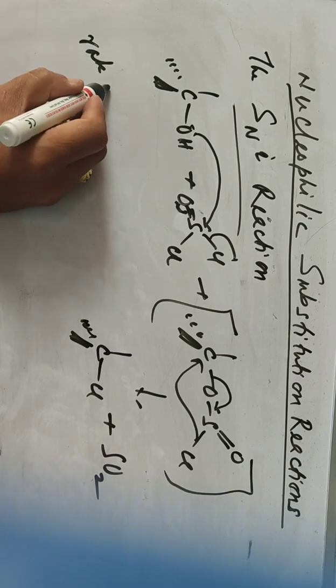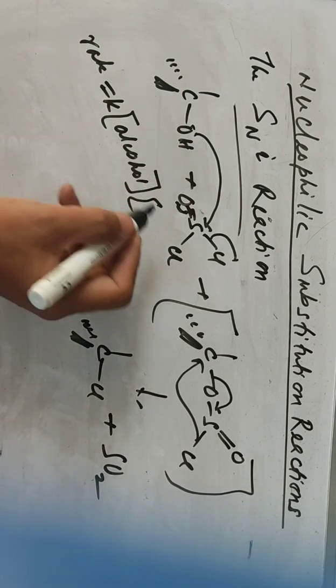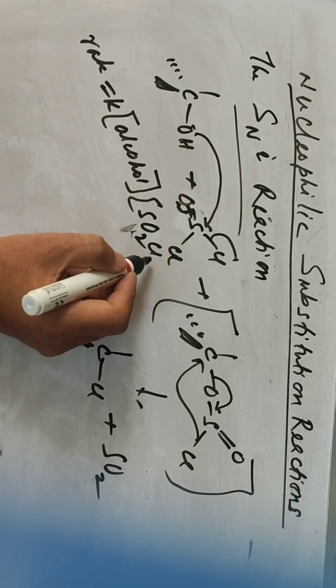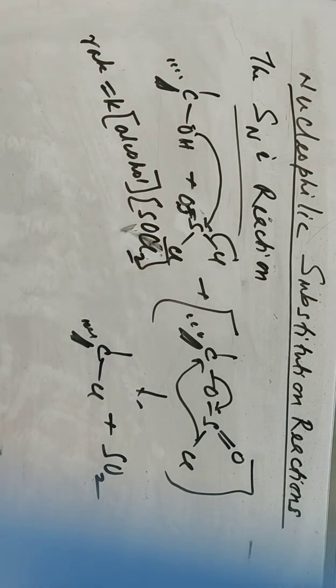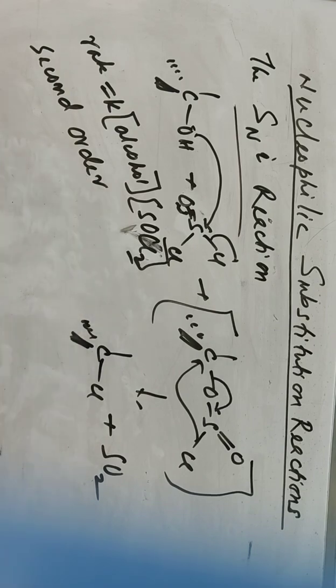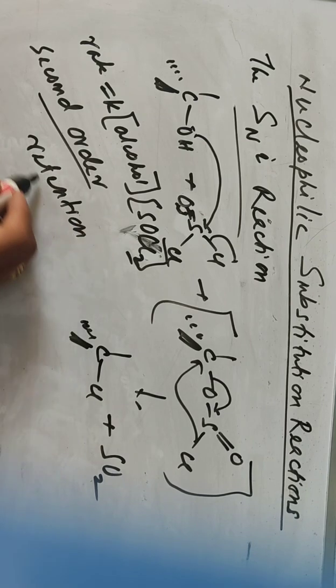The rate equals k times the concentration of the alcohol as well as the concentration of the thionyl chloride, SOCl2. So the overall reaction is second order, bimolecular, and retention of configuration takes place.